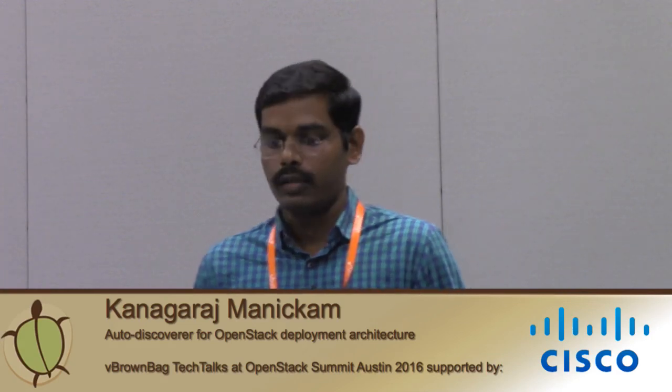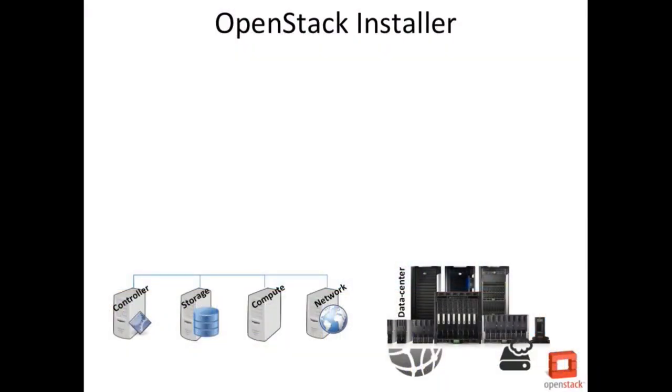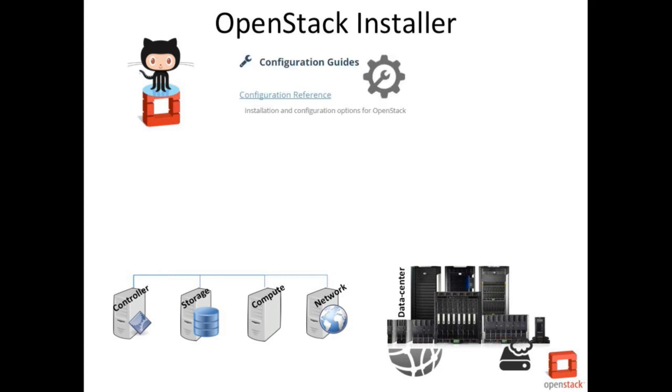Let us see, I have 2 more minutes, so I can give the perspective from the installer in detail. If you look at the day-to-day life of an OpenStack deployment, first we will set up all the nodes like controller node, compute node, etc. Then we will make the data center ready for consumption. This is from the cloud data center point of view. The complete OpenStack code lives in the GitHub repository, and OpenStack gives the configuration guide.